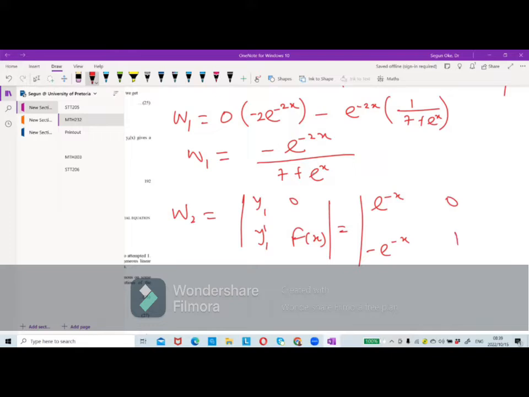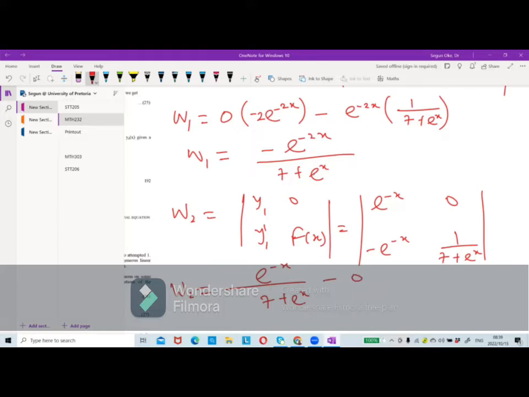Then f of x, yes? Any question? 7 plus exponential x. So when you cross multiply, you have y2 to be what? E raised to power minus x divided by 7 plus e to the x. Everything is minus 0, right? Minus 0. So you don't need that.